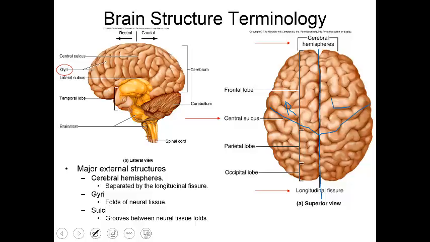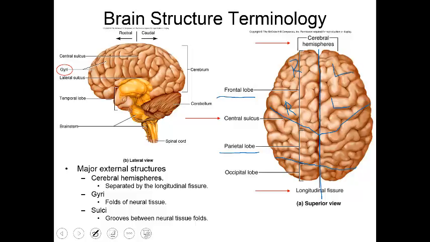The central sulcus divides the brain into frontal lobes and the parietal lobes. So this is the right frontal lobe, this is the left frontal lobe, and then you have the 2 parietal lobes. Now you have another sulcus right here that divides the cerebrum into parietal lobes and occipital lobes.